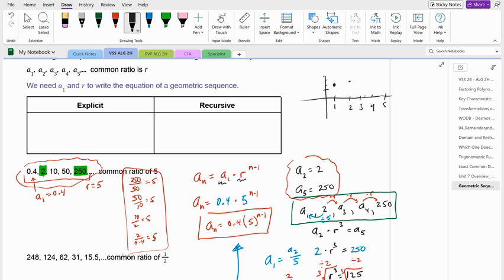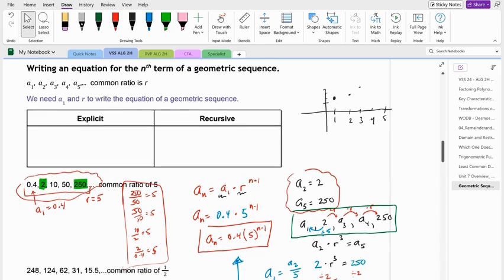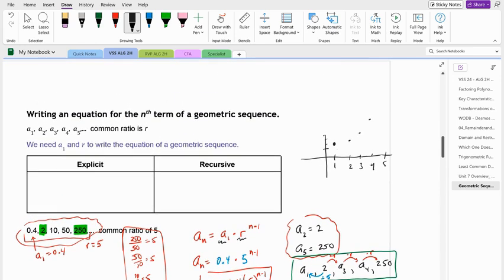There's no way that this graph can touch the x-axis. So we're going to have some value here, and then another value maybe here, and then here, and then here. What I'm showing you is that this curve is going to start out kind of shallow and then get steeper really fast.